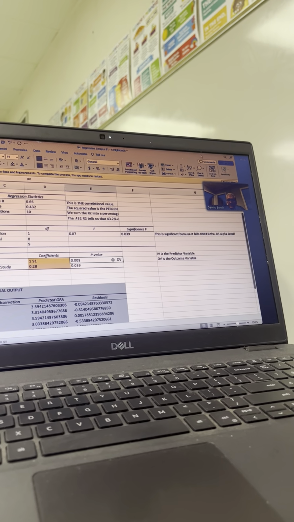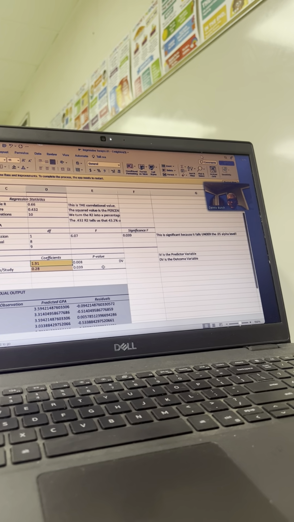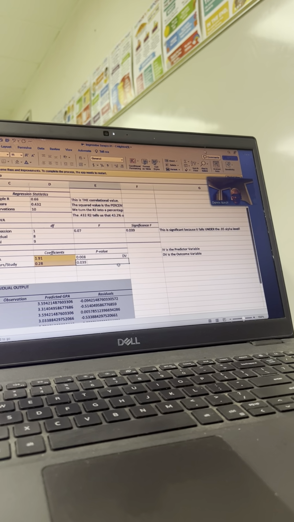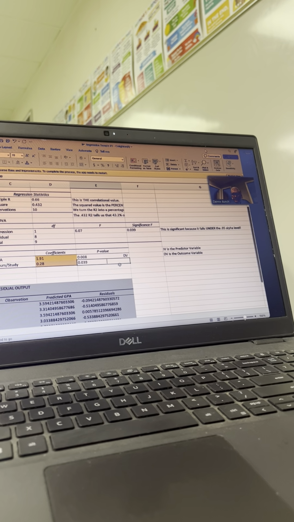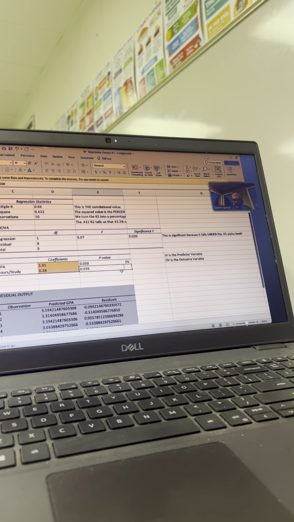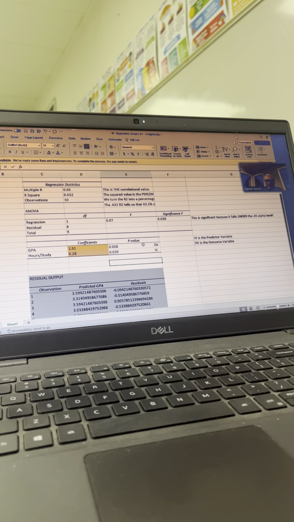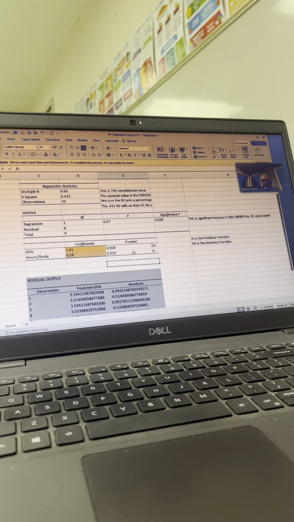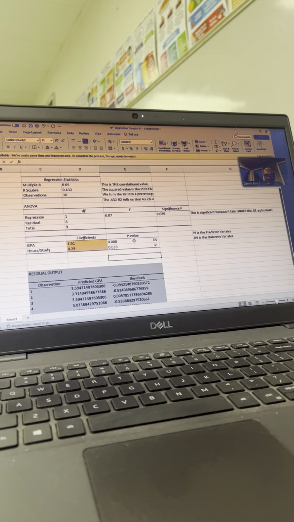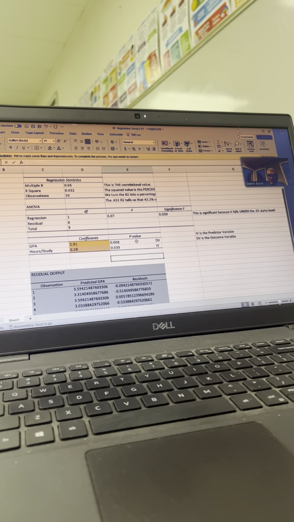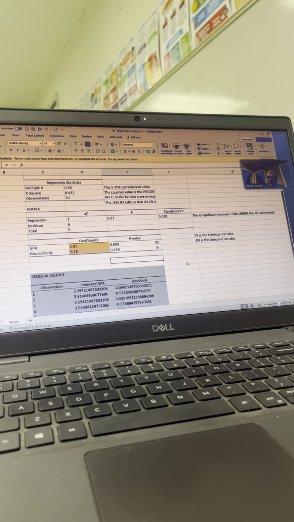So the dependent variable is what we're hoping to move up, and what can we manipulate? The independent variable, and that is the number of hours studied at home. So we're using the hours of study to predict what the GPA will be. Does that make sense? Yes.